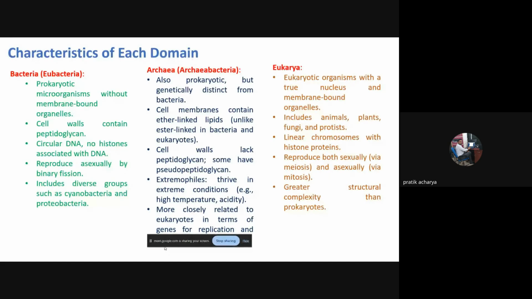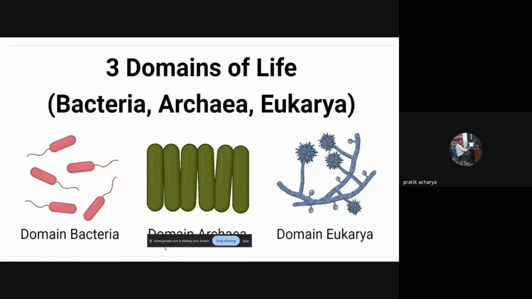They reproduce both sexually as well as asexually. Greater structural complexity than prokaryotes is found. So these are the basic characteristic differences of these three domains. This is the structural presentation of the three domains: the bacterial domain, archaeal domain, and eukarya domain.